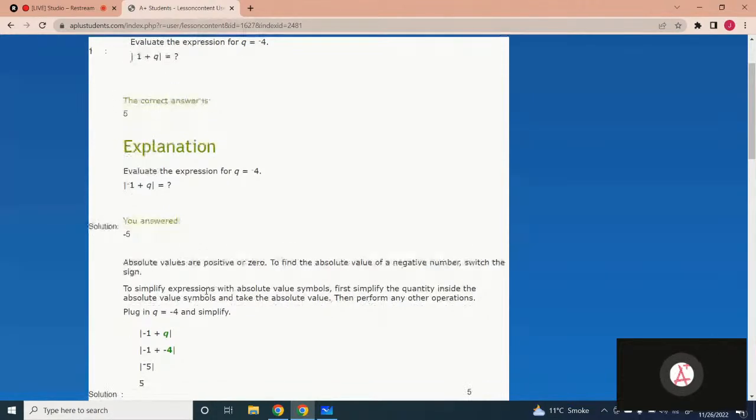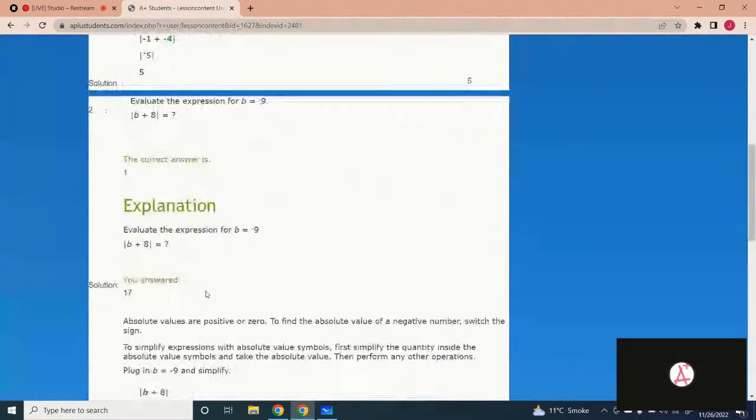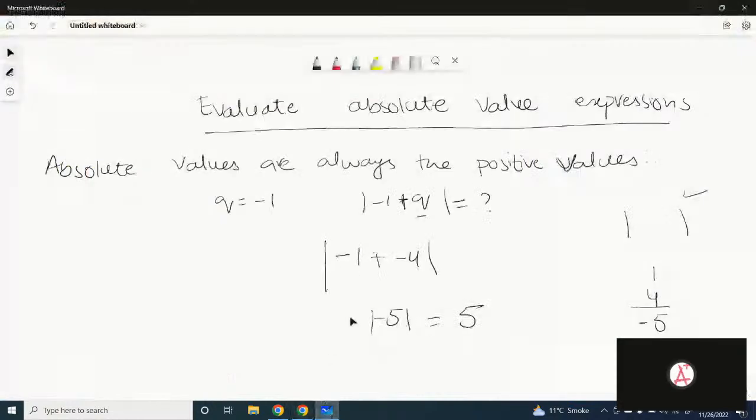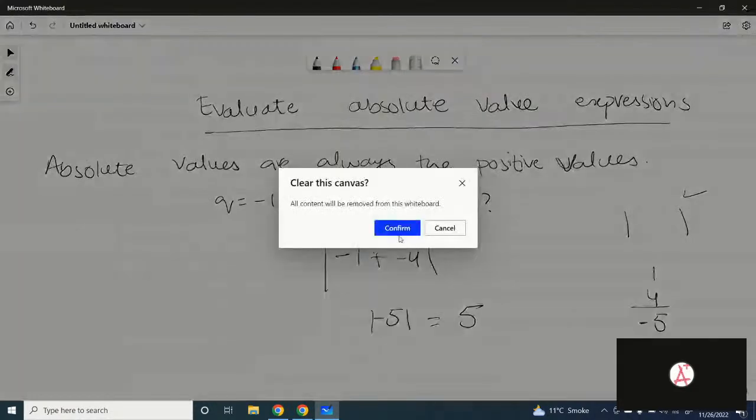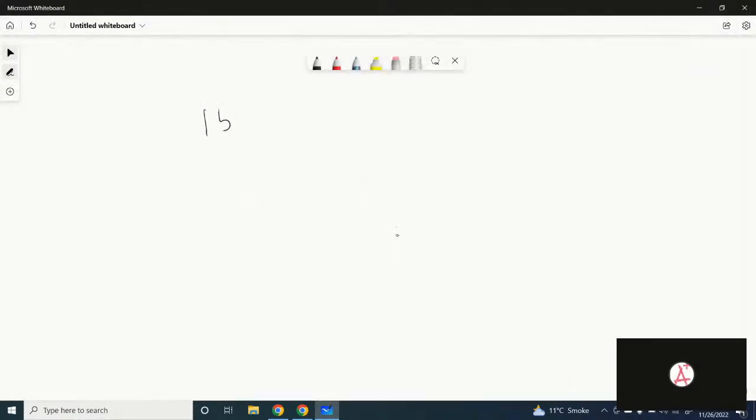Okay, let's just do another example. It would be the absolute value of b plus 8, b equals -9. You have to evaluate b plus 8 for b equals -9.